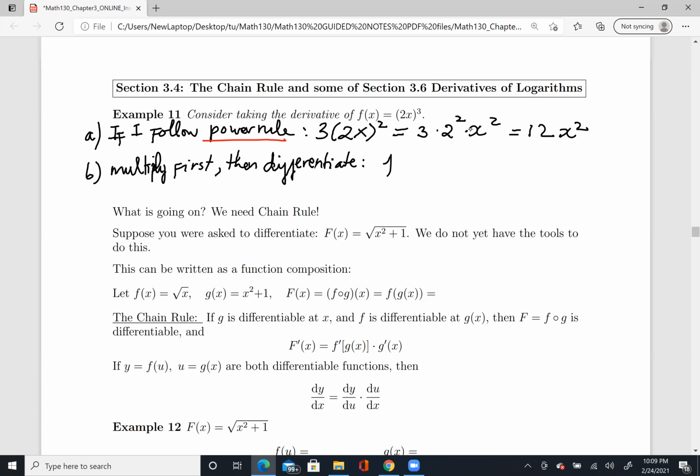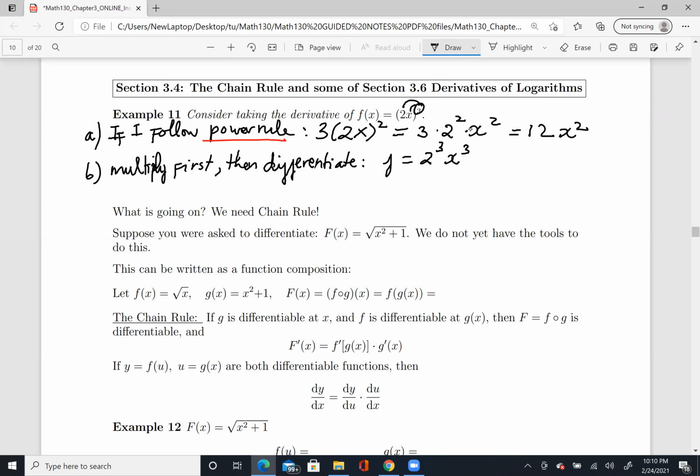So I have f equal to 2 to the power third times x to the power third. I just want to multiply, I put the power inside, expand this power 3 into 2 and x first and see what happens, right?